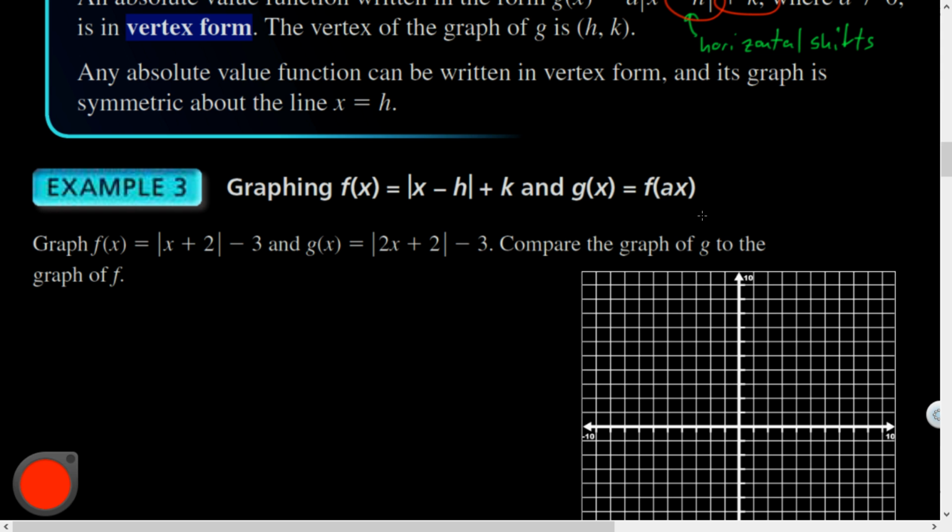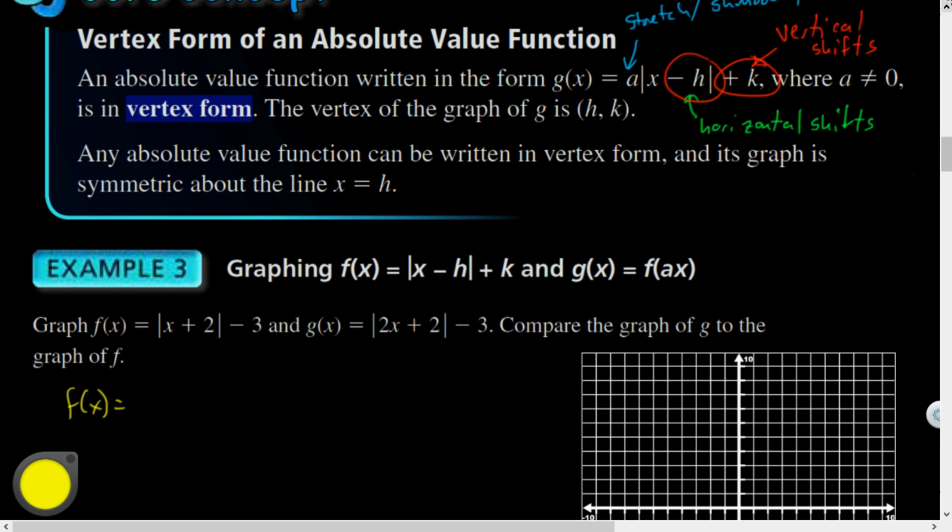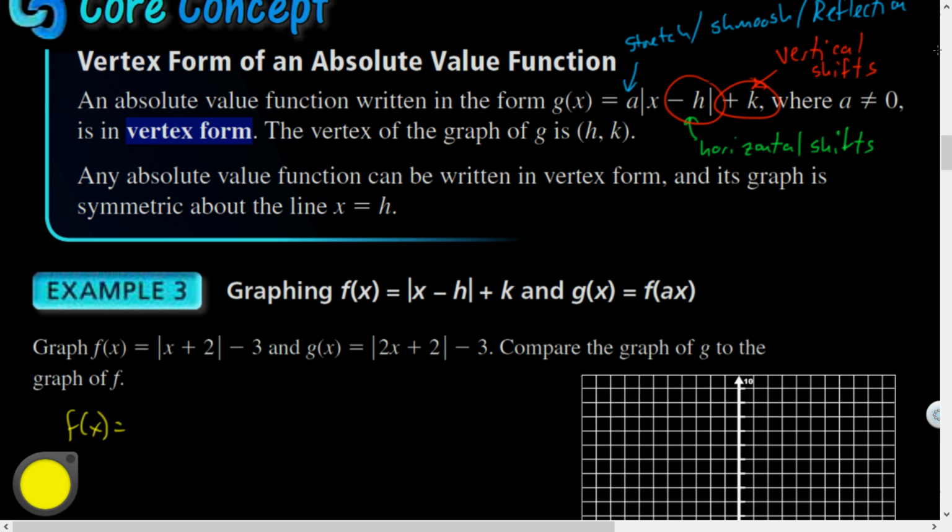For f of x, notice that the value of a in this equation is a 1 there, so I'm not expecting that equation to have had a vertical stretch or smoosh.